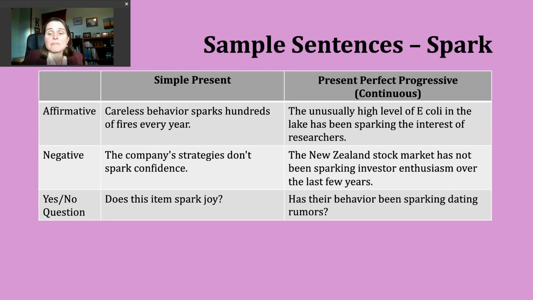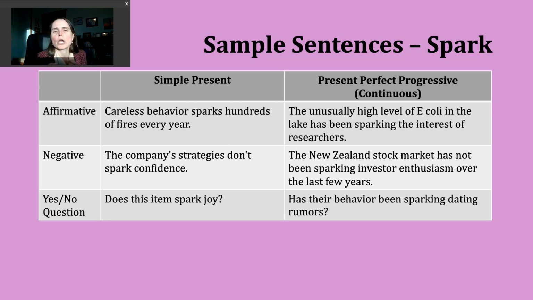Has their behavior been sparking dating rumors? Right? Sometimes you hear this in connection to gossip, right? What someone said, maybe what someone posted on social media, or something else, igniting or beginning this idea of gossip. So, here, rumors that two people are dating.